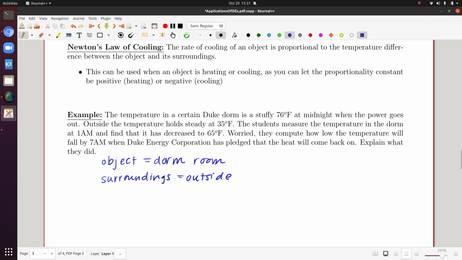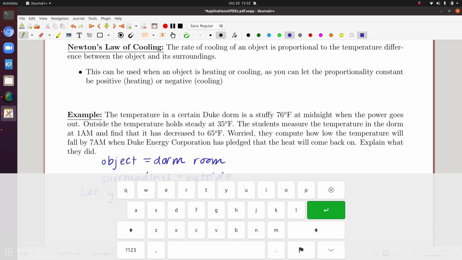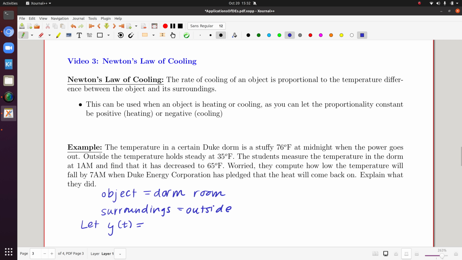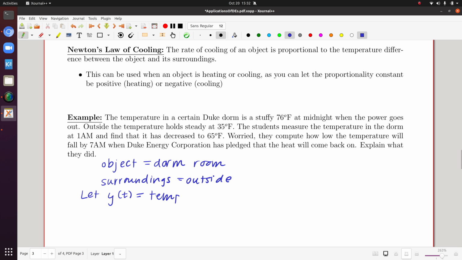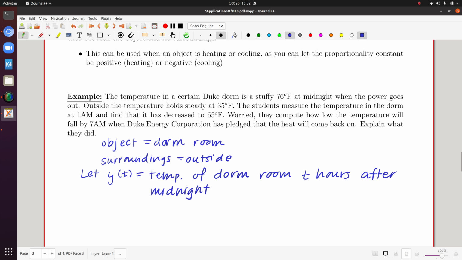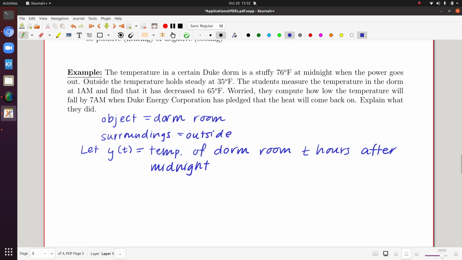According to Newton's law of cooling, if I let y of t be the temperature of the dorm room, t hours after midnight, then I can use Newton's law of cooling to set up an appropriate differential equation to solve for this function y of t.